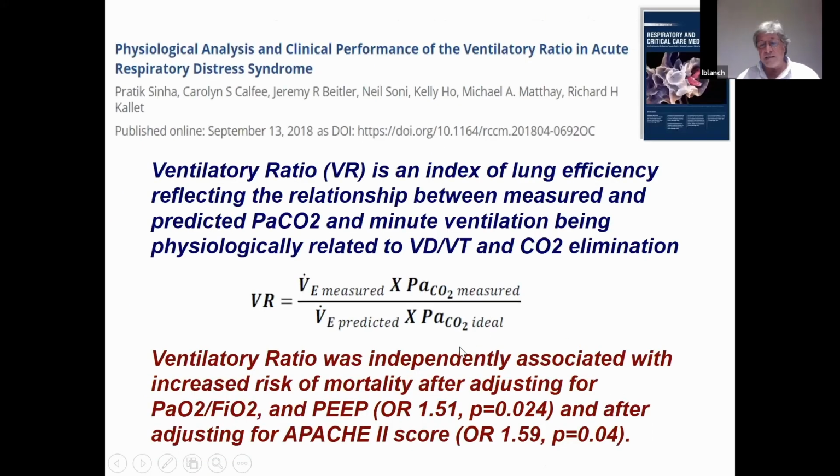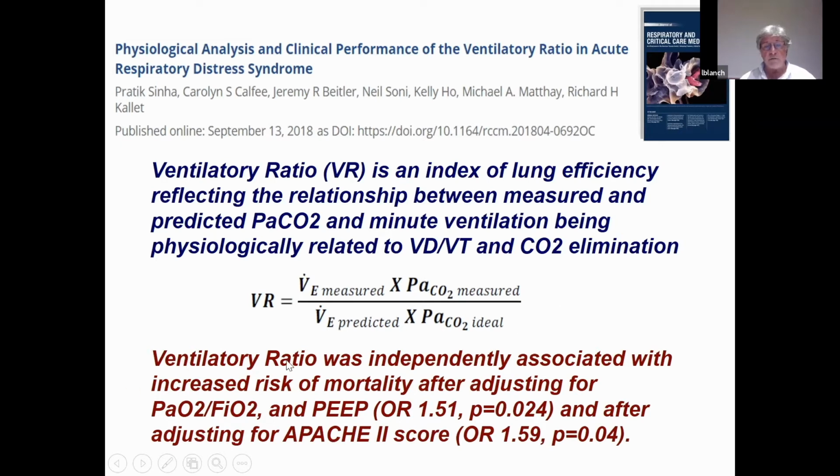Trying to find estimates, not measurements, of dead space, the group of Sinha and again Rich Khaled studied the ventilatory ratio, which is an index of lung efficiency, reflecting the relationship between measured and predicted PaCO2 and minute ventilation. This is done by an easy equation: measured minute ventilation times measured PaCO2, divided by predicted ideal body weight times 100 times 37.5.